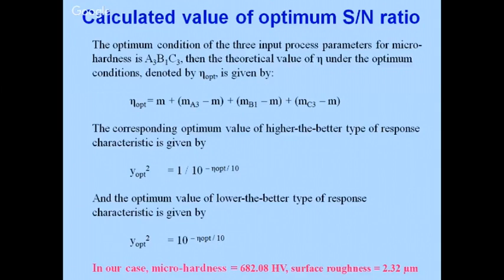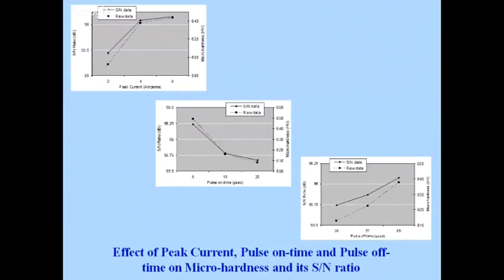Now, what is my further inference from this? Please listen carefully: the highest value of current, whatever I used, the lowest value of pulse on time, and the highest value of pulse off time give me the highest micro hardness.